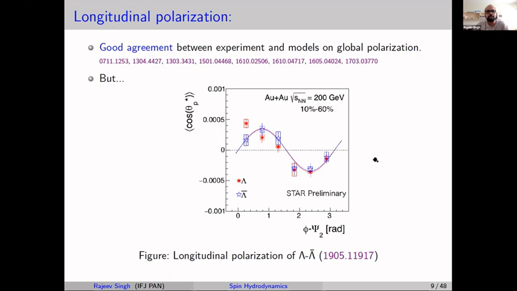It is quite easy, and they are also self analyzing because of the weak decay they go to protons and pions, and when we know the spin polarization of protons, we can indirectly find out the spin polarization of lambda hyperons, because the spin polarization of protons is along the same direction as the hyperons. So that's why it is much easier to find out the lambda hyperon spin polarization.